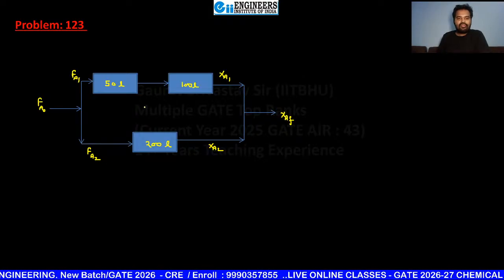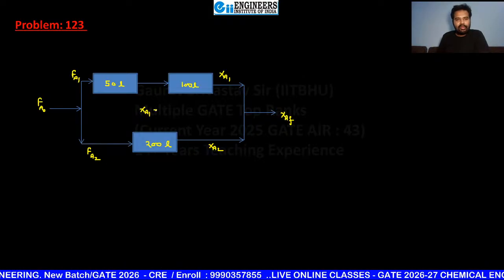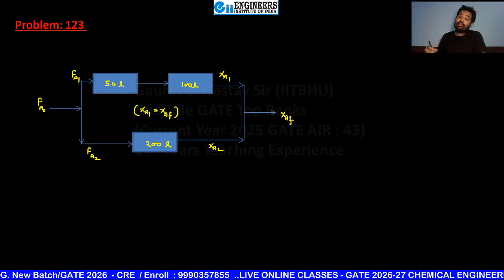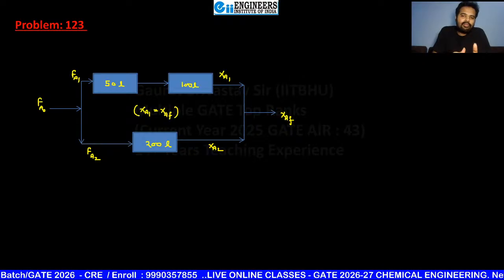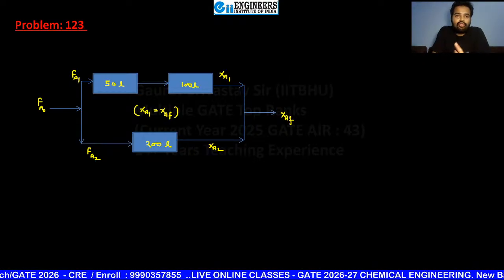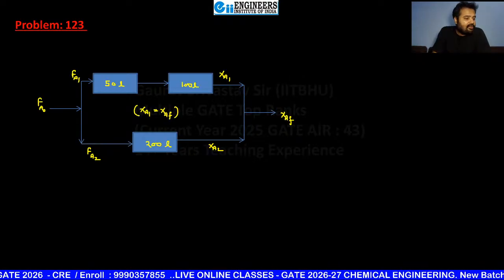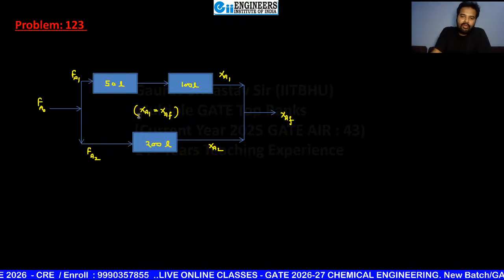So here we are mentioning that XA1 is equal to XAF. We are not telling that it also becomes equal to XA2. But I hope everyone is crystal clear. If XA1 is equal to XAF, then definitely XA2 is also same. समझ रहे बेटा? Susnandi sir, can you explain one more time?